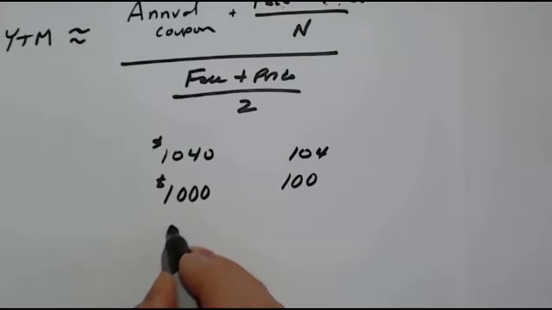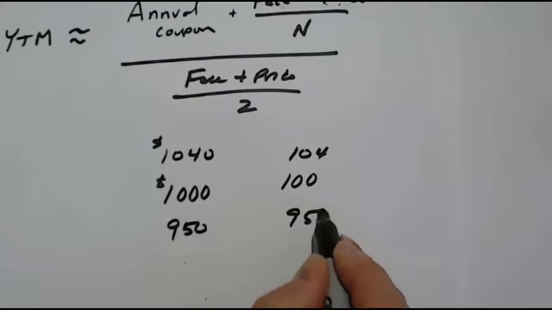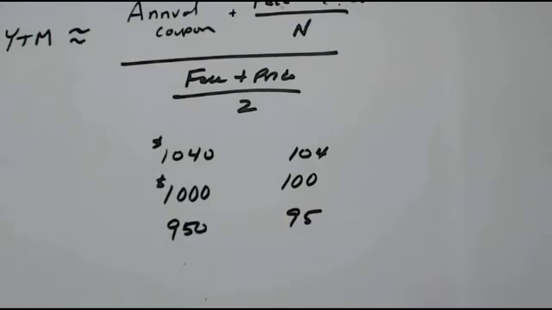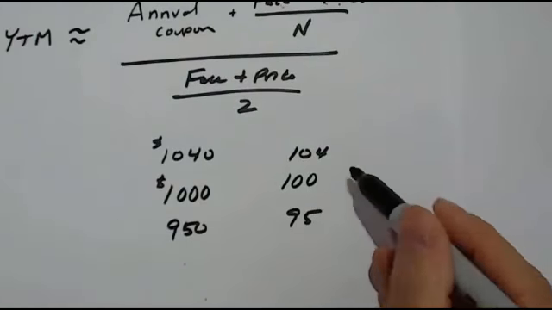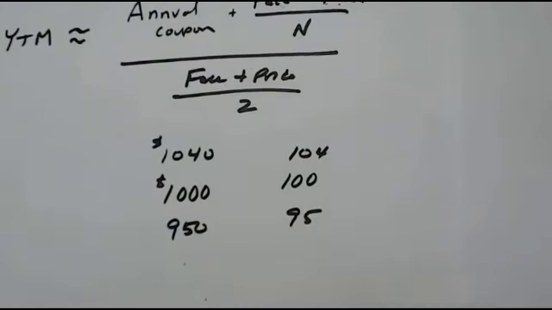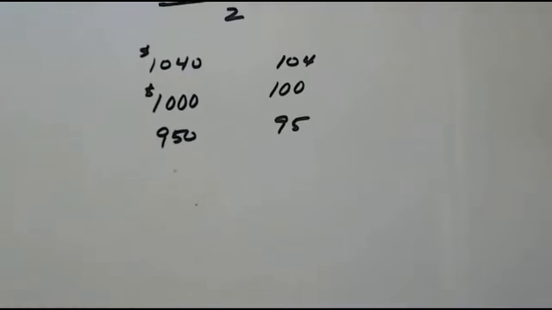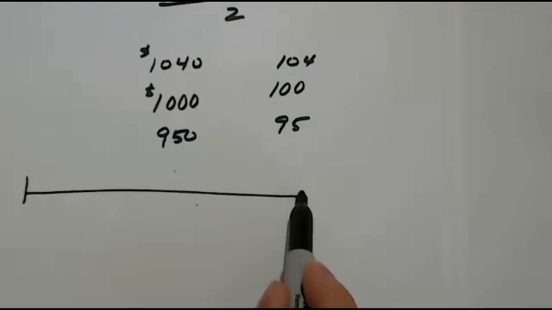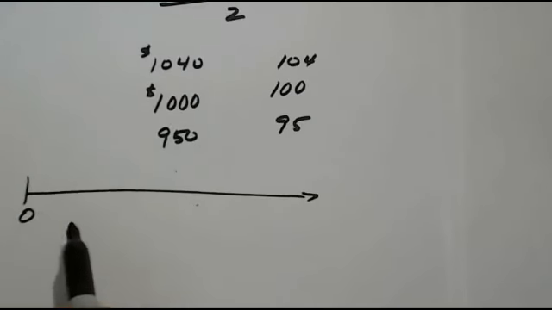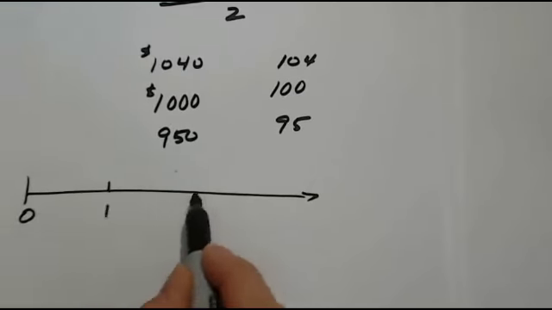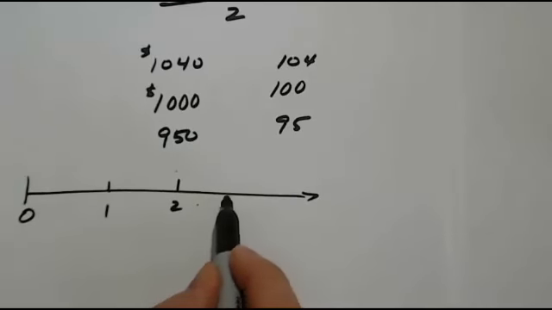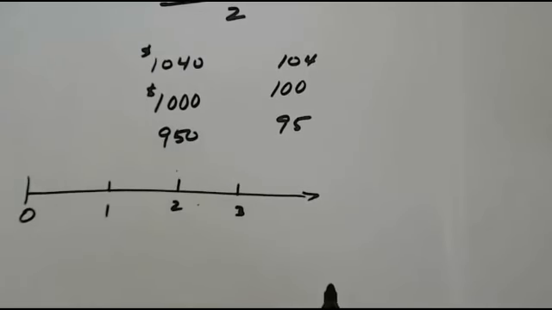If you had a bond that was 950, it would be quoted at 95 in convention. Now, remember that when you buy a bond, right? So let me just back up one second here. When you have a bond, you start out at time 0, and I'm going to work on an annual basis in this case.